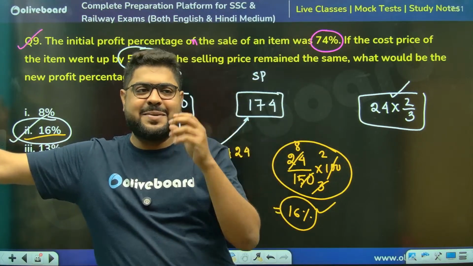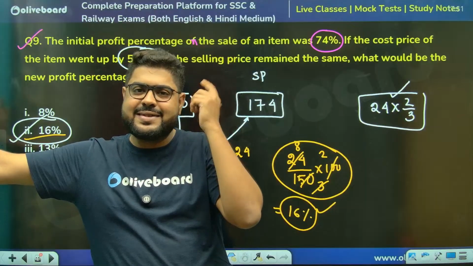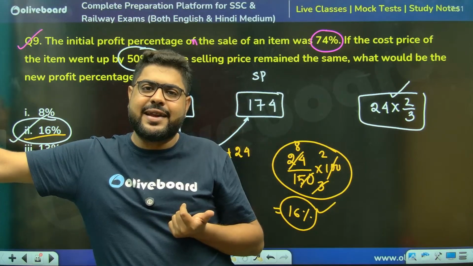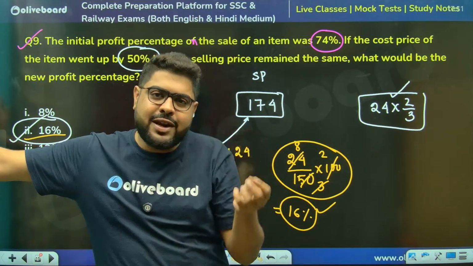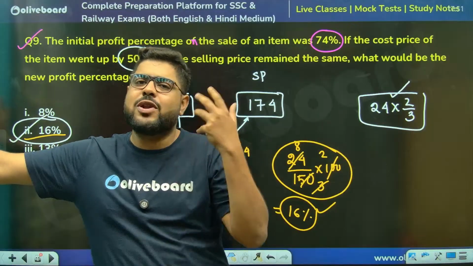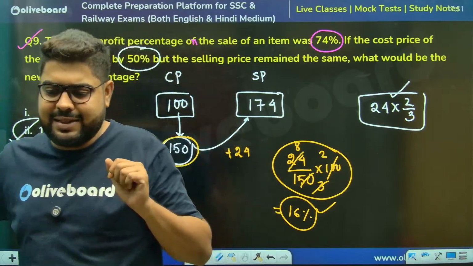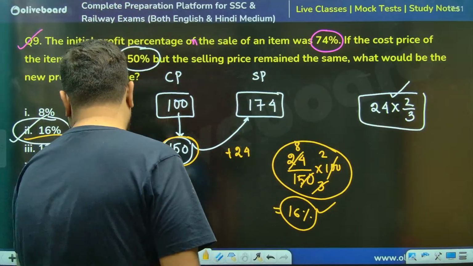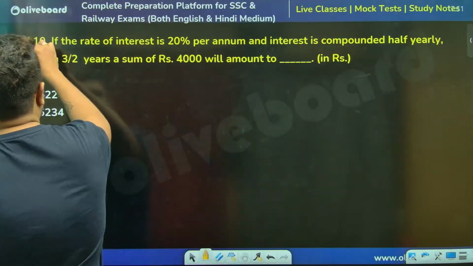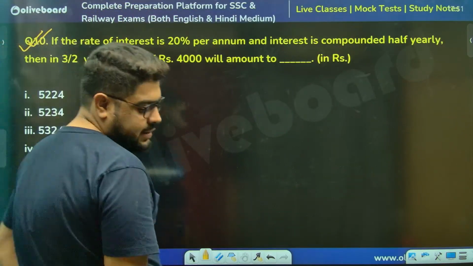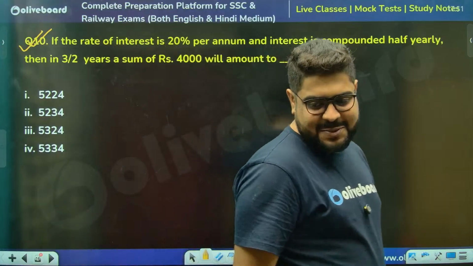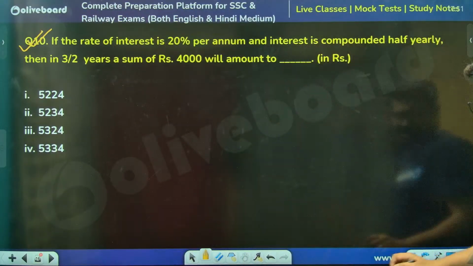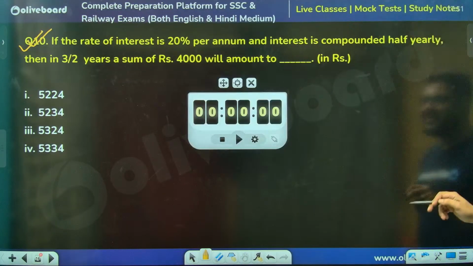Same question in the exam, you are not getting it. Either the concept is not clear, or you made some mistake, or the calculation is not what you were hoping for. Something is not right. So these things happen in mathematics.